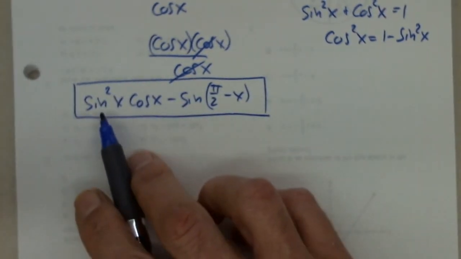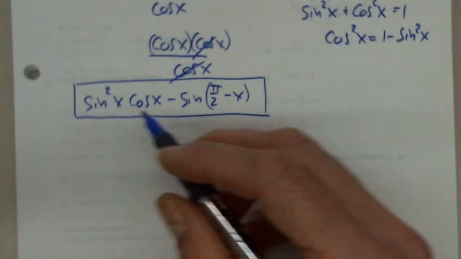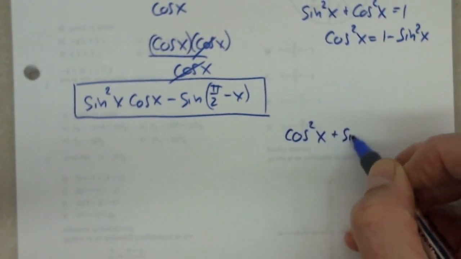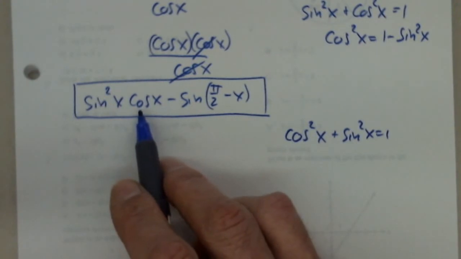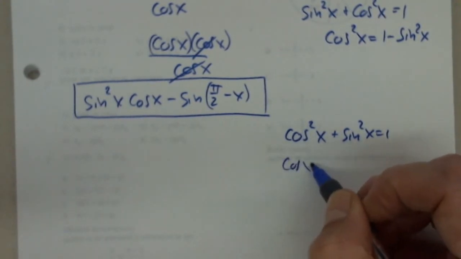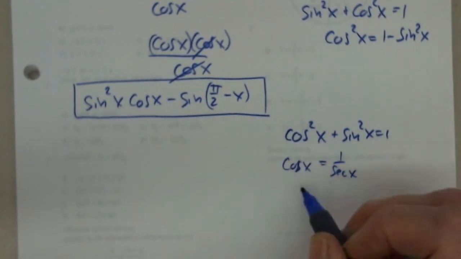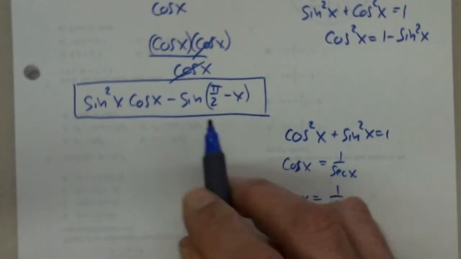So we have sine squared. Since it's squared, let's go ahead and consider using a Pythagorean identity. Cosine, we could consider cosine is 1 over secant. Sine is 1 over cosecant.